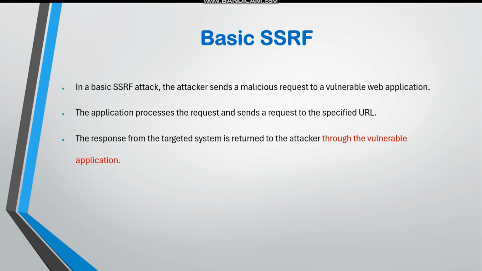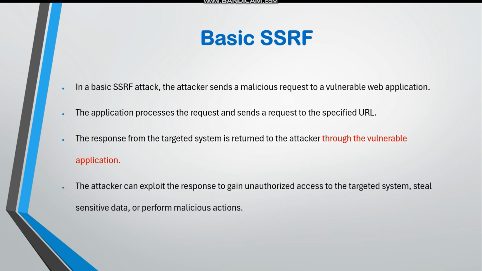This is what we have just discussed above. This may result in the stealing of sensitive data. The attacker can easily exploit this, gain unauthorized access, and steal the sensitive data or perform some malicious actions. This is all about basic SSRF.